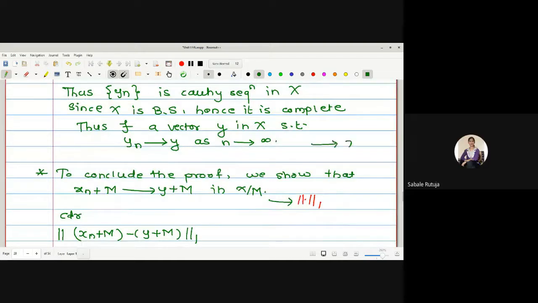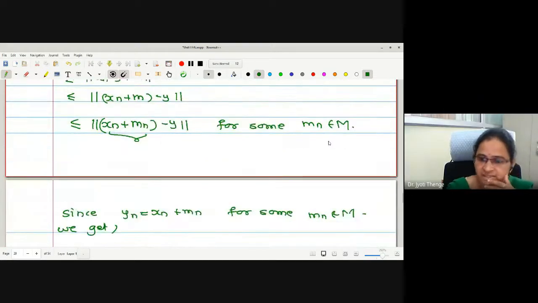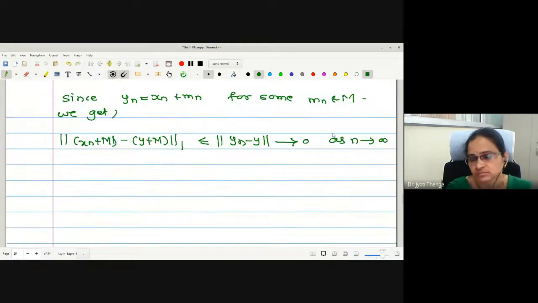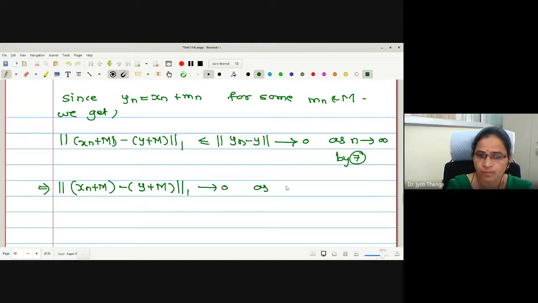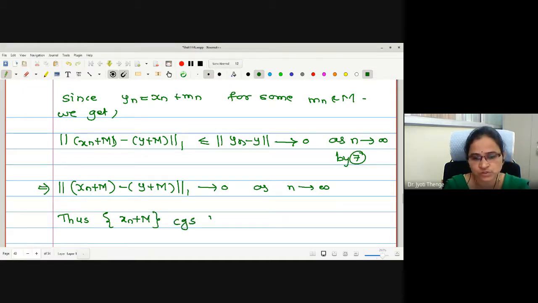I can call this number 7. By 7 I can write this. But what have we proved? The sequence xn plus m converges to y plus m. Thus, the sequence xn plus m converges to y plus m in X by M.